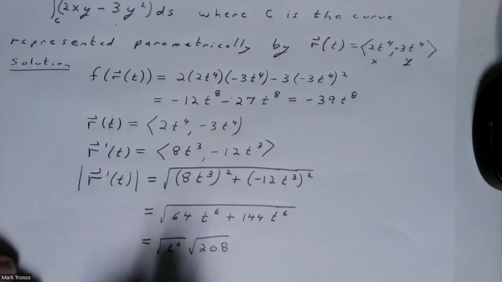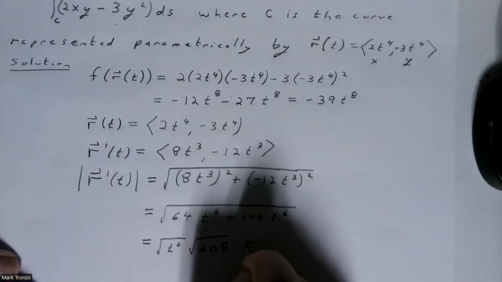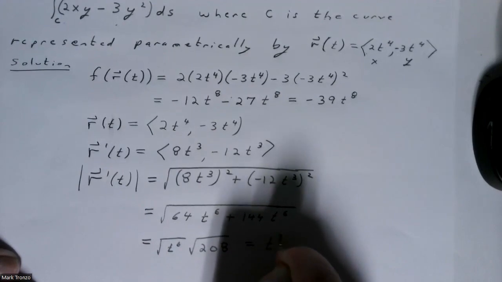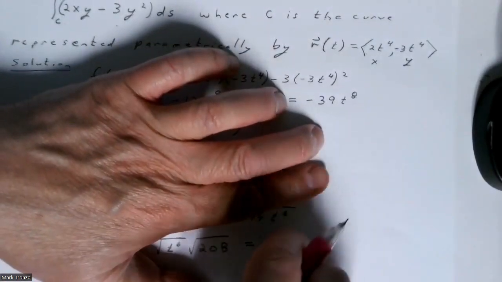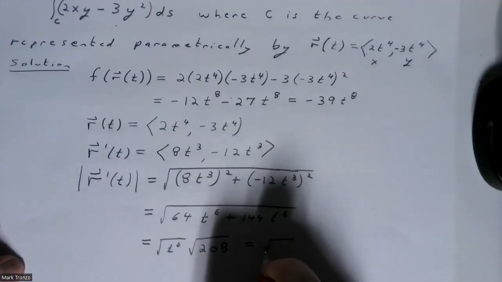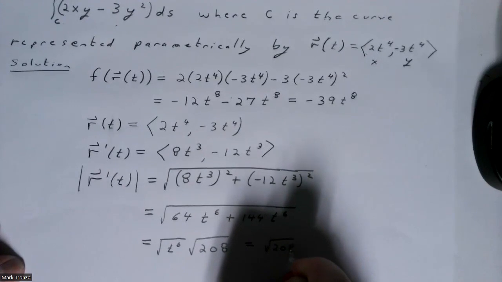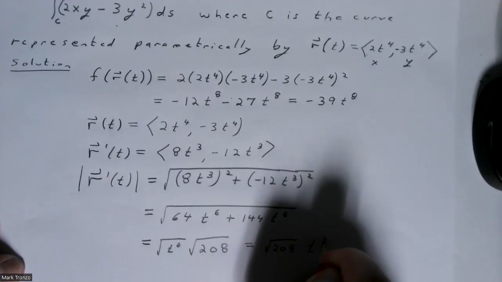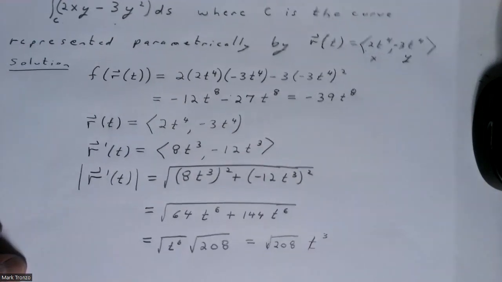And of course, t to the 6th, square root of that is t cubed. So let me put the number up front. Square root of 208 times t cubed. Like this.